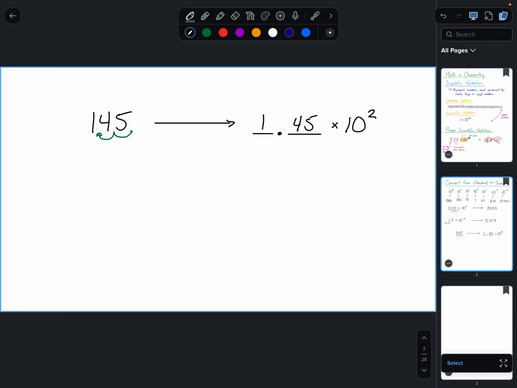So then let's just finish this example off here. I want everybody to take a second and convert this number here into scientific notation for me.